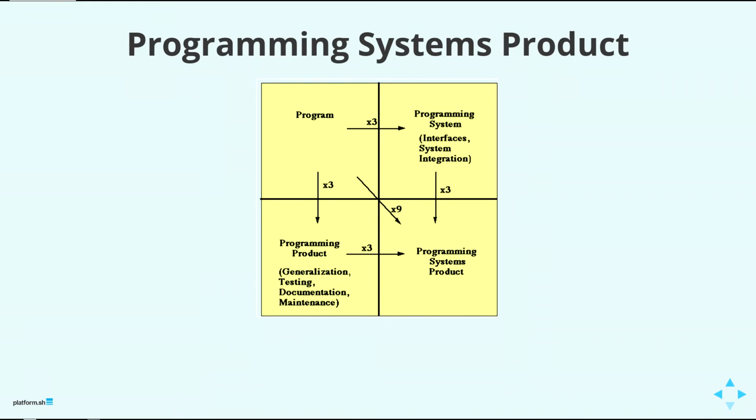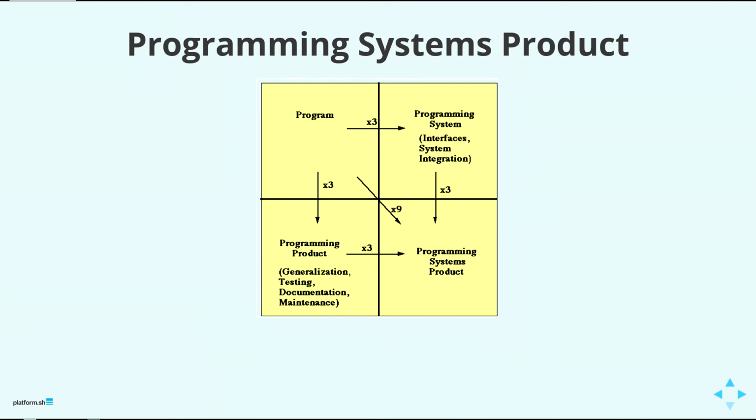Brooks estimates this also takes 3 times as much work. Which means, if you want an actual programming systems product that is a robust programming tool that others can build off of, that is 9 times more effort than just building something in the first place. 9 times the effort.